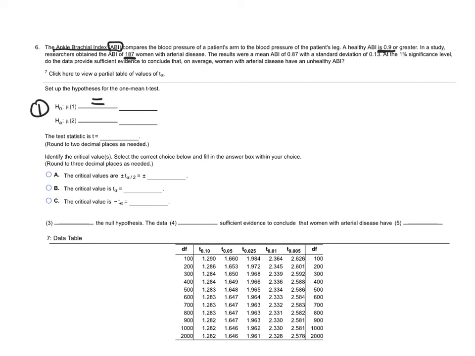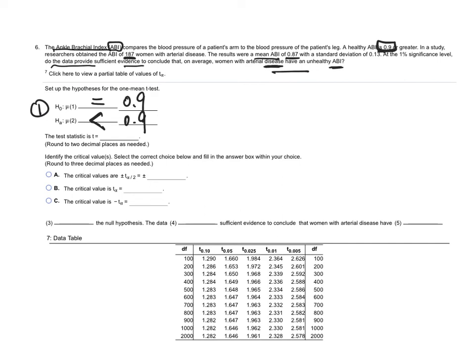Where is the claim? Do the data provide sufficient evidence to decrease the ABI? Actually it is 0.9, right? But the sample mean is lower than 0.9. So we want to test if it is a decrease. So we compare it to 0.9. As I expected, it's a decrease. It must be the left tail.